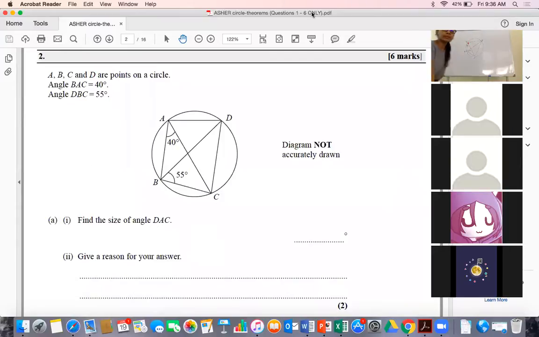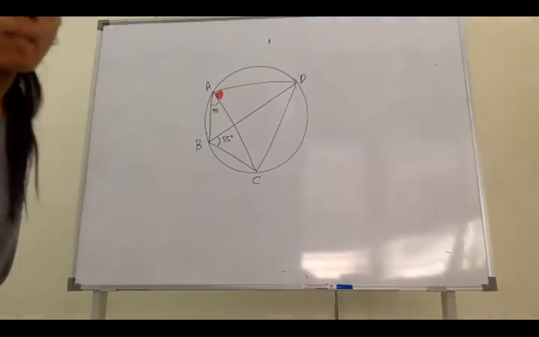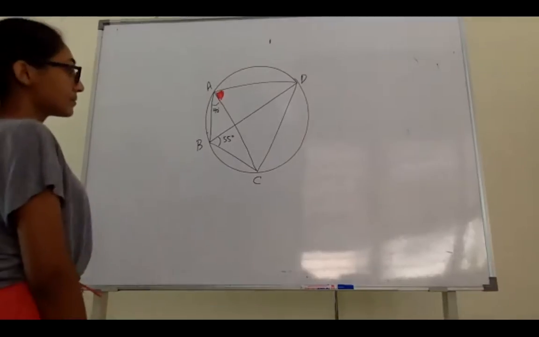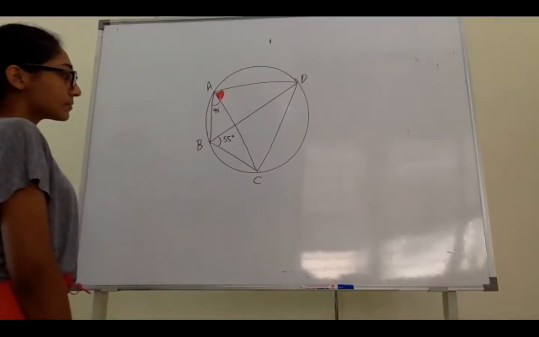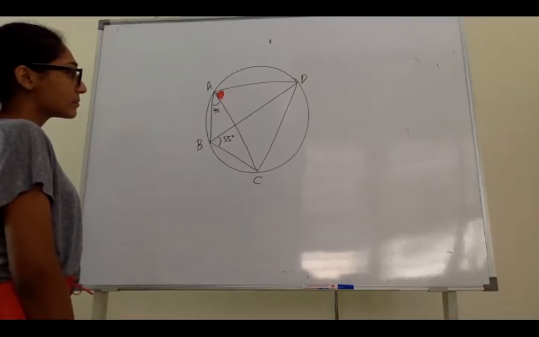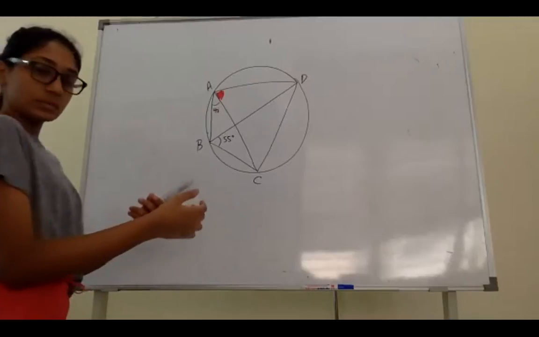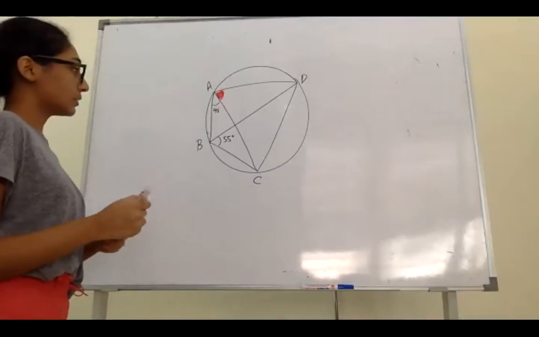How did you guys do it? Angles in the same segment are equal, the bow tie rule. If you turn the paper to your right, you can see the bow tie rule. So it's 55 degrees because of the bow tie rule.